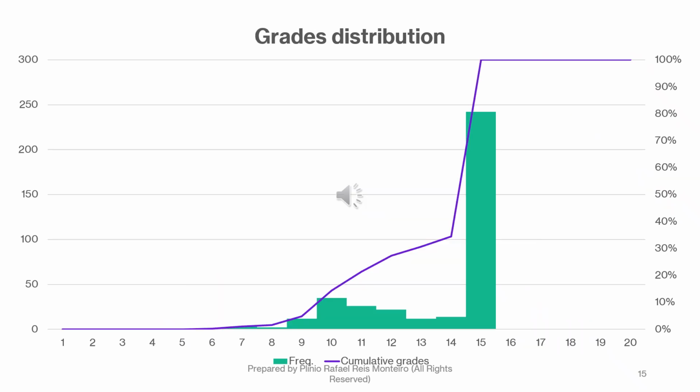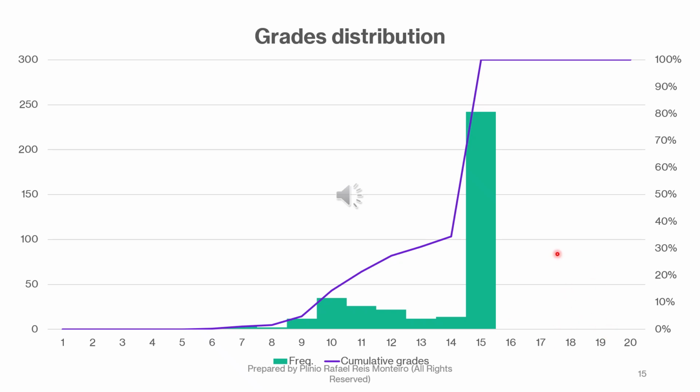Here we can check the grade distribution. As we saw in the previous graph, indeed the majority of the students, close to 80% of students, achieved the 15 points in the simulation. That's the maximum. And some other students achieve beyond that point, meaning that they achieved some extra grades in the simulation.